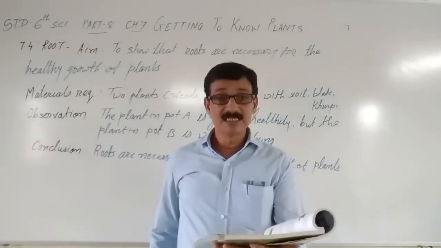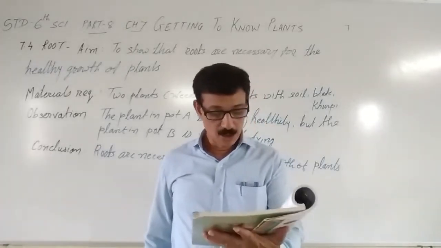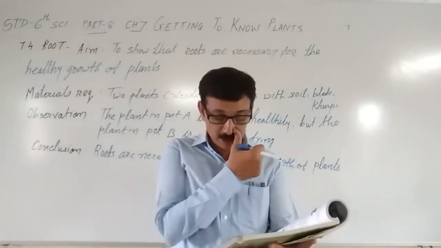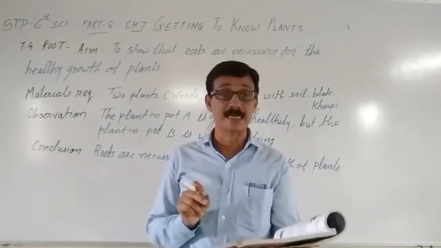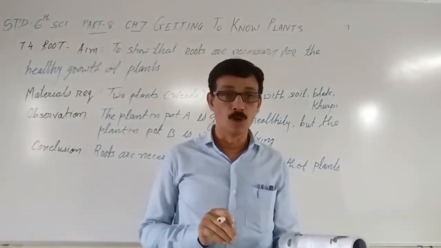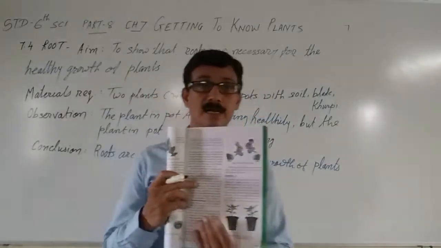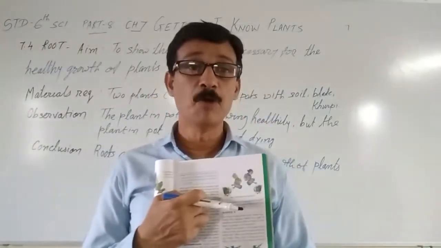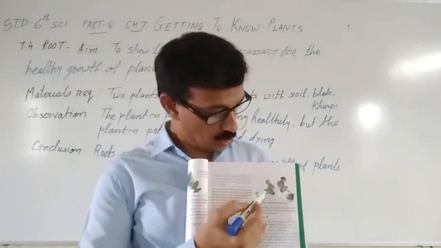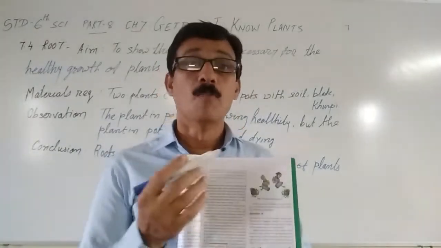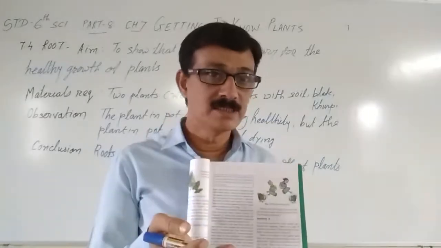Look at figure 7.13. Who do you think is watering their plant correctly, Paheli or Bujo? And why? See, in figure 7.13 both Bujo and Paheli are watering their plants.